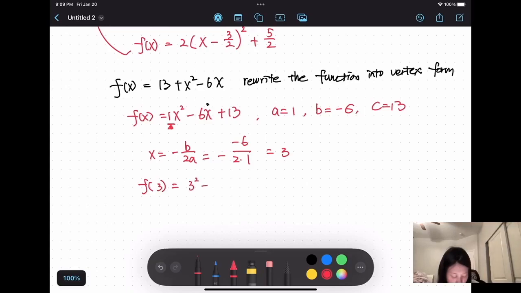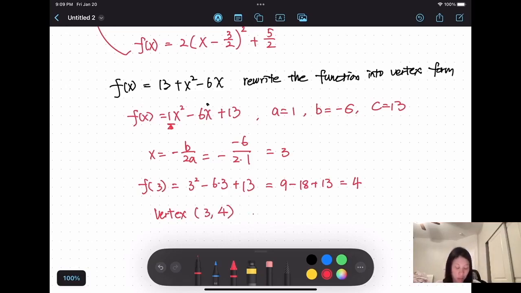I have 3 squared minus 6 times 3 plus 13. This equals 9 minus 18 plus 13. So I have a 4. So our vertex is (3, 4).